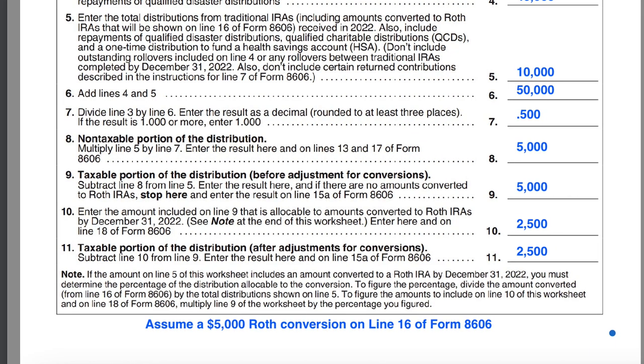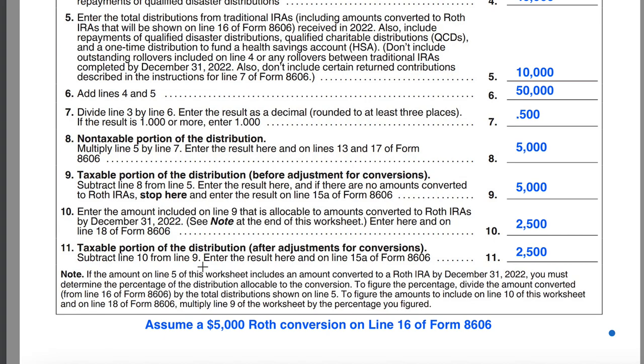Obviously, I'm not putting Form 8606 on the screen. Let's just assume that we did a $5,000 Roth conversion during the tax year. So we would have to go through this calculation down here.